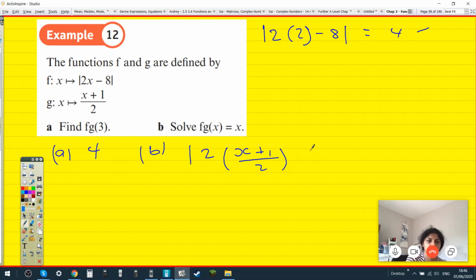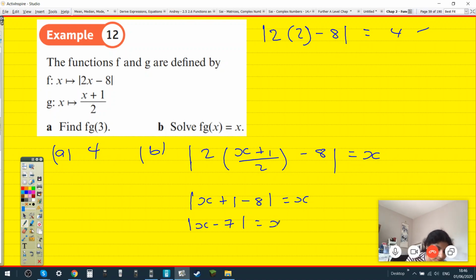Minus 8 is equal to x. Don't forget to close your modulus. Yeah, I wrote it. Okay. So then you just get x plus 1 minus 8 is equal to x. So x minus 7. And then you just solve it like you would any modulus. So x minus 7 is equal to x.